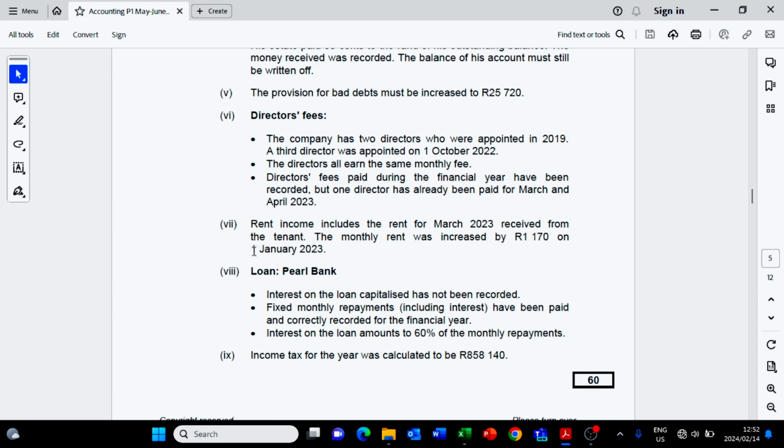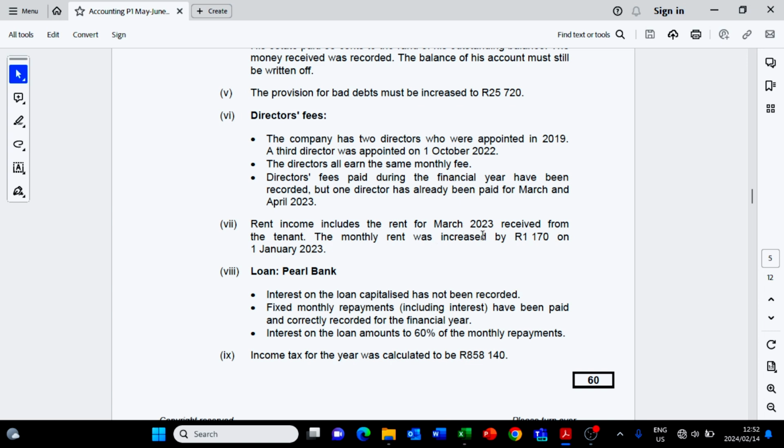So we are going to say January, February, March. Why are we counting March? Because the rent income includes rent for March 2023, so it's going to be 3 months. So the increase is only for the 3 months on our rent income for this current financial year.